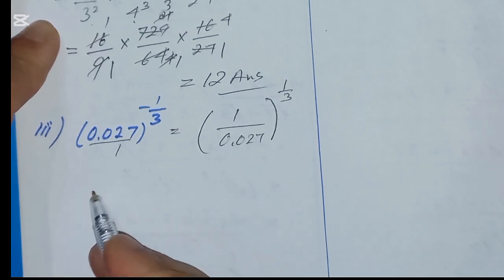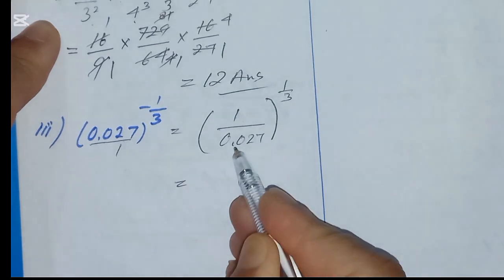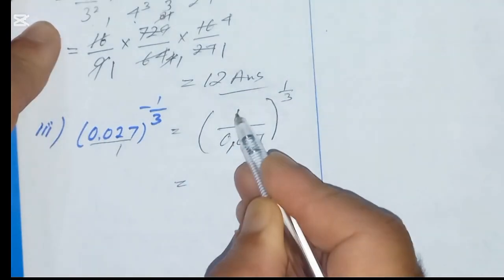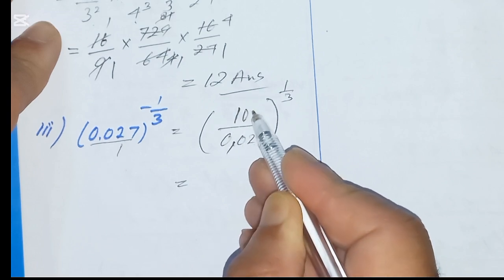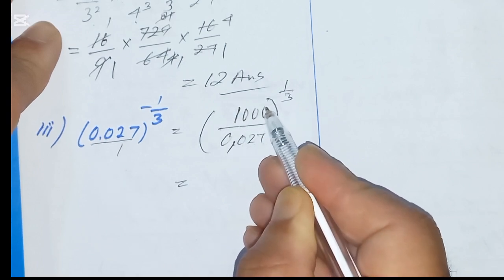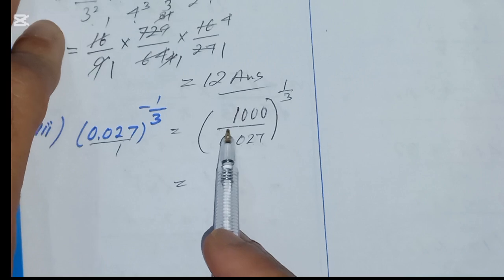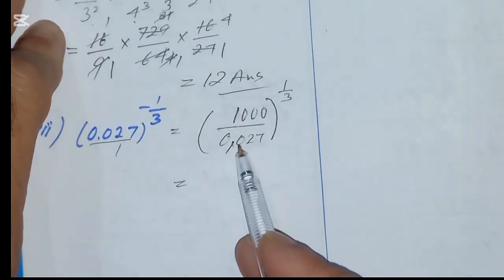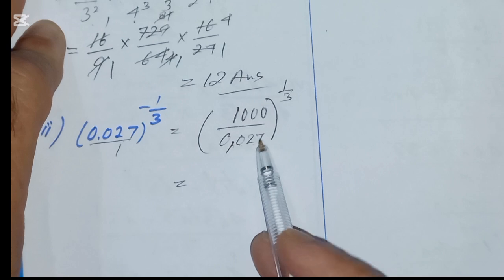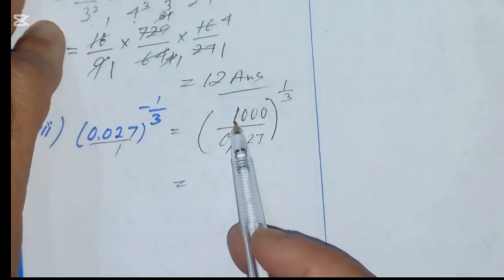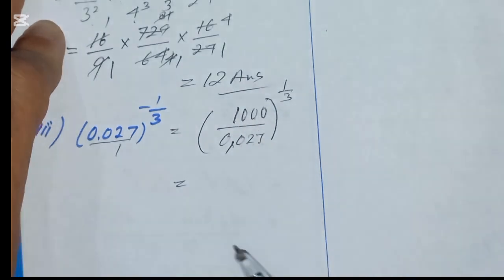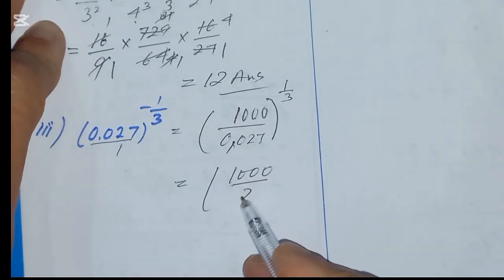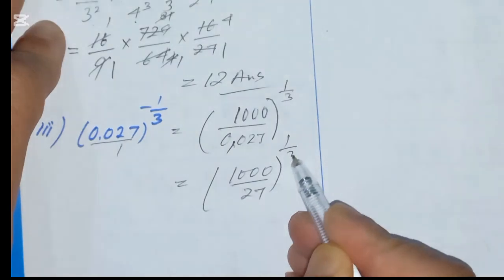Now the next step, we remove the point here, and after the point there are 1, 2, 3 digits, so we place 3 zeros with the 1 and it will become 1000. So this is 1000 by 27 whole power 1 by 3.